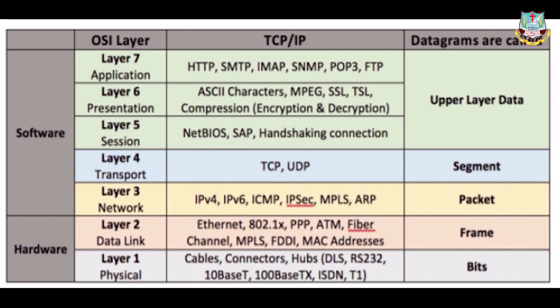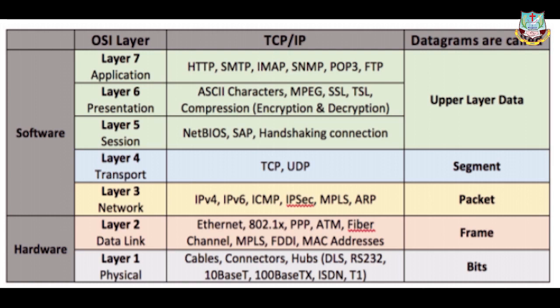What are encryption and decryption done for? We know this is used to secure the data, right? So this layer is also called the secure layer. Why? Because the encryption and decryption protocols occur in this layer only.